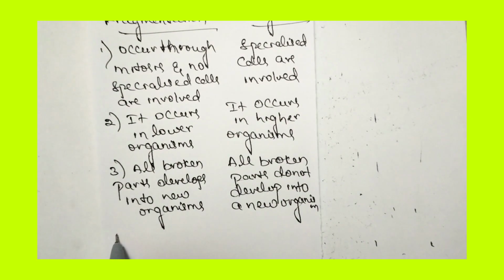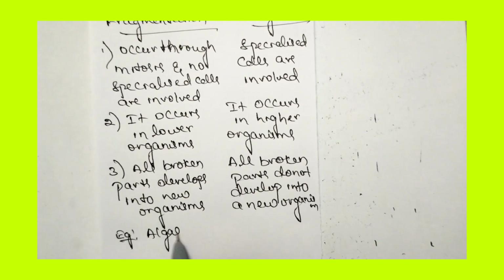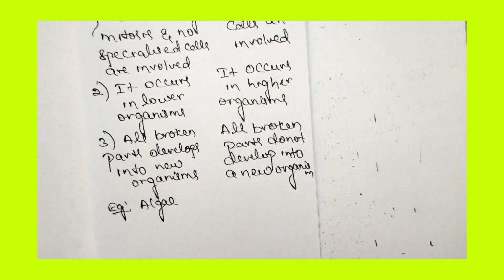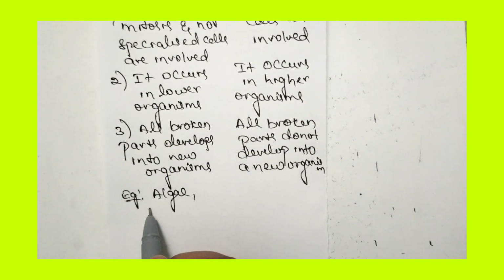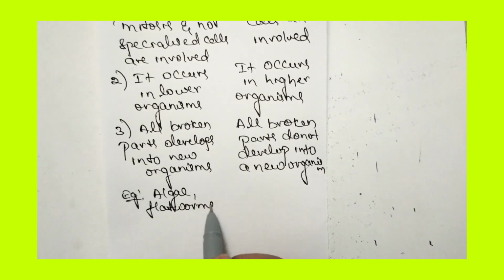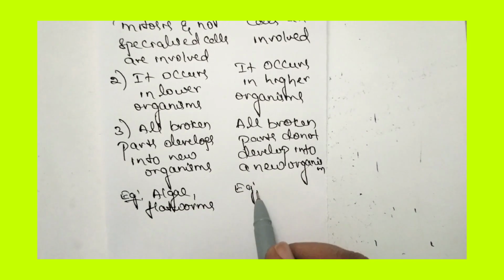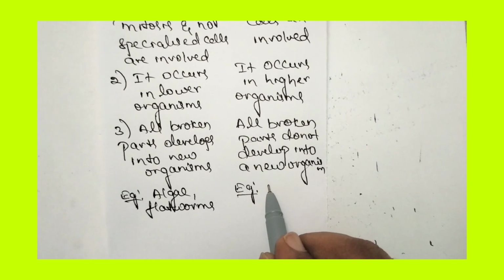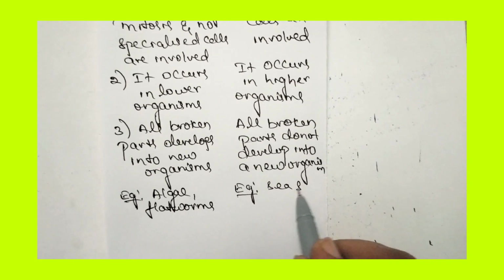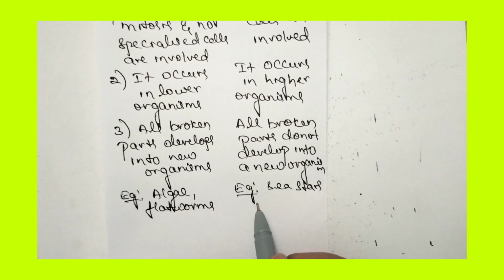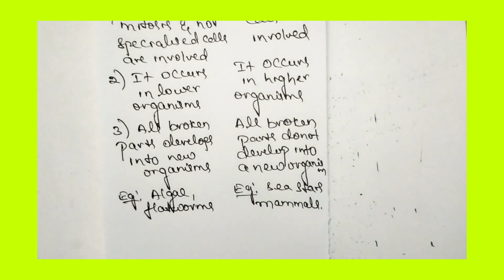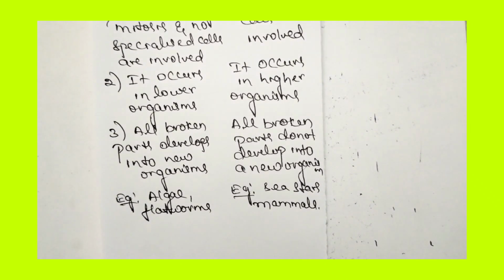For example, for fragmentation: algae, then flatworms. For regeneration: sea stars, then mammals. Like this we have to differentiate between fragmentation and regeneration.